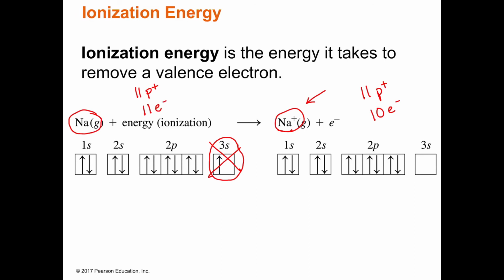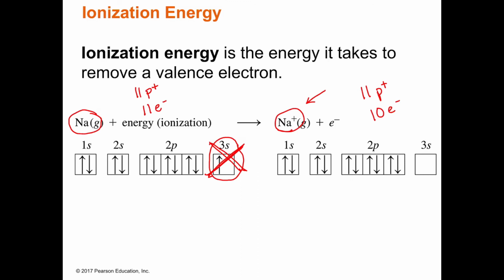We cannot change the number of protons because if we change the number of protons, then we change which atom it is. Like if we took away a proton, now it becomes neon instead of sodium. So we can't change the number of protons, but you can change the number of electrons, and this makes ions, which we will get more into in the next chapter.